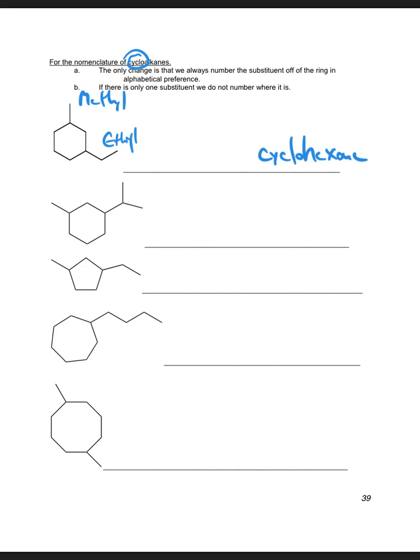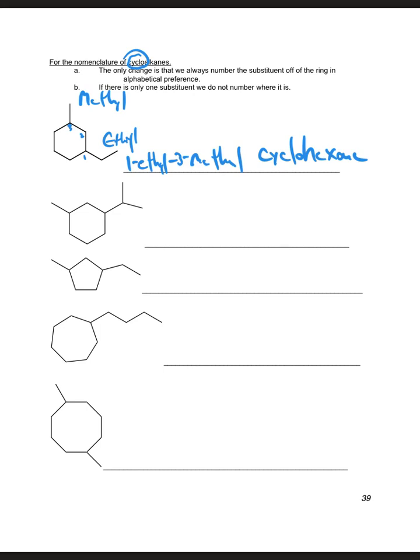So this would be a 1 ethyl, 3 methyl cyclohexane. We want to have the substituents as small a number as possible. That's why we need to go 1, 3.